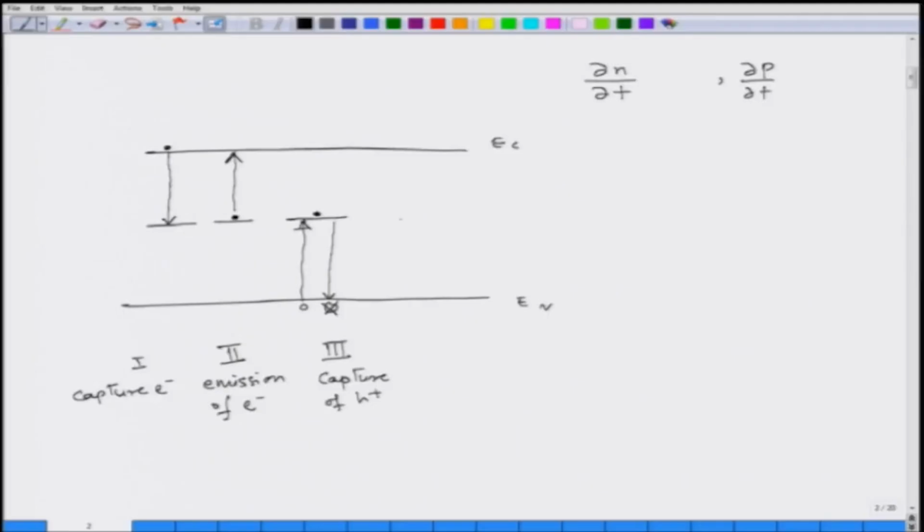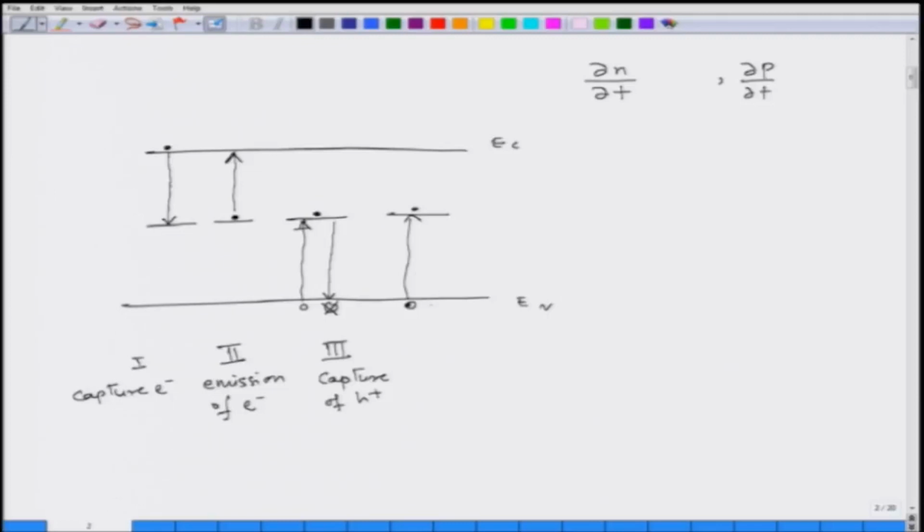It can emit a hole as well. So, one can think of a situation where an electron from the valence band goes to the trap and leaves a hole. So, this would be the process by which an electron goes to the RG center and thereby leaves a hole here. So, that is generation or emission of a hole.